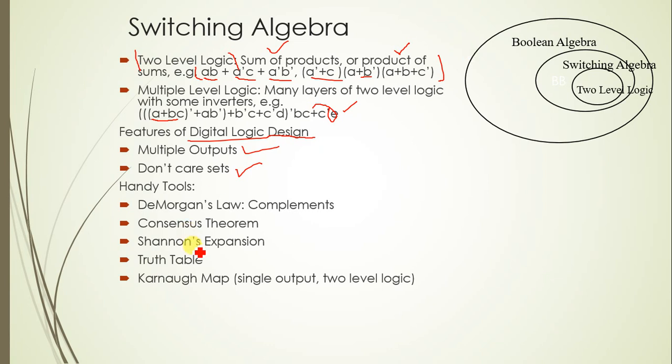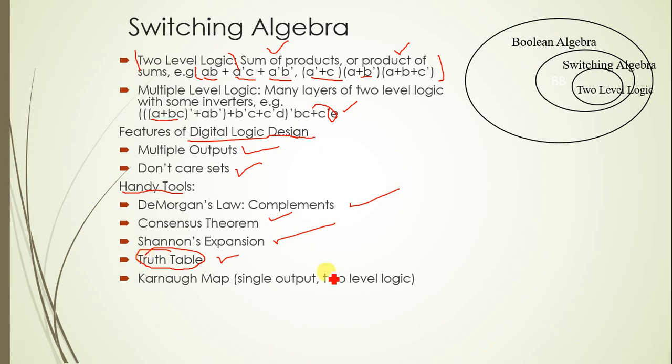Then we have certain handy tools, called laws, which will help us. The very first one is DeMorgan law, then the consensus theorem, Shannon's expansion, and truth tables. We have seen truth tables multiple times while looking at fundamental gates and combinational logic.